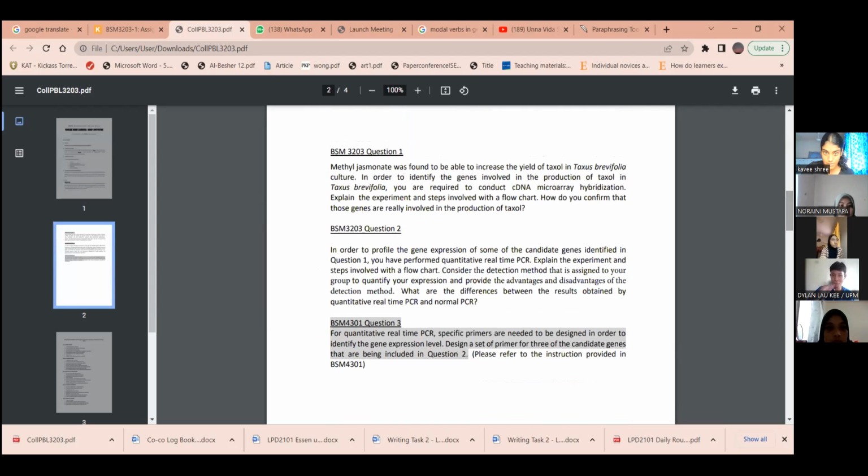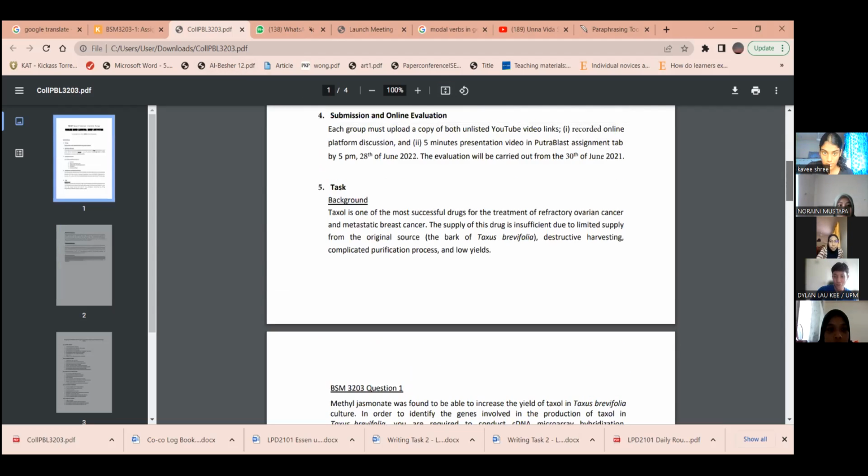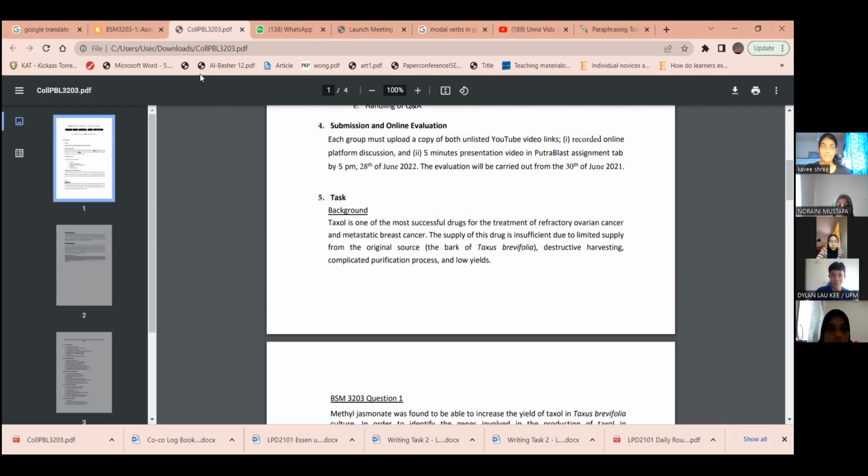We'll start with number 5, the background. Any volunteer? Can you please scroll up? The background of our task. Just anyone, just read the background. Can I read?